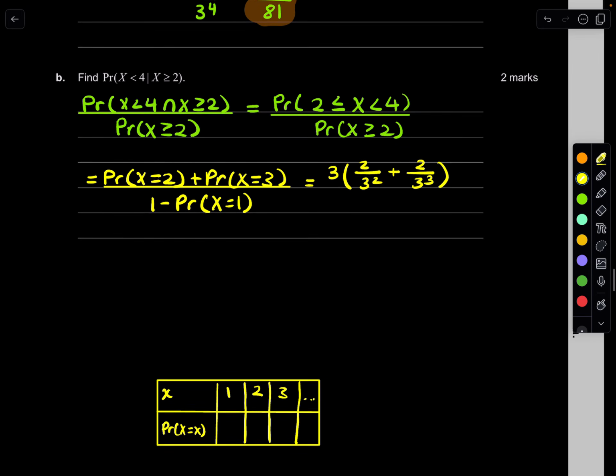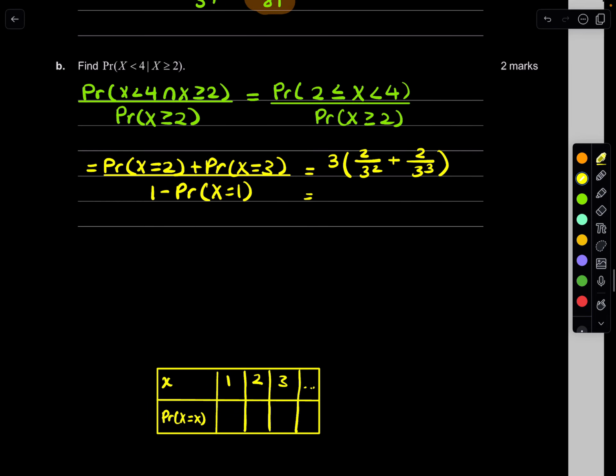Take a 3 as a common factor from all of them, so it'll be 2 on 3 plus 2 over 3 squared. These cancel out. So basically this here is your answer. We need to simplify it. 3 squared is 9, so let's write 9 there.